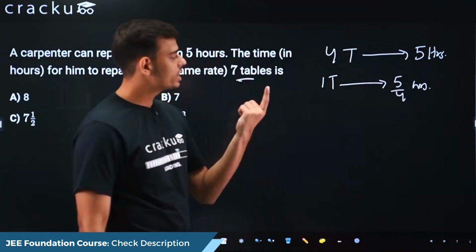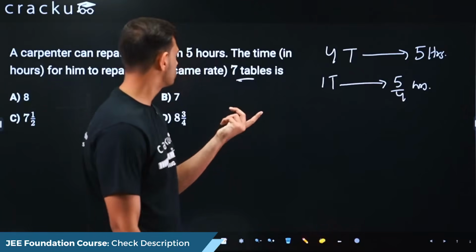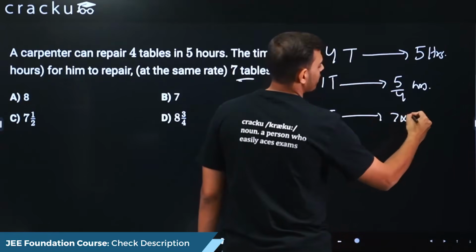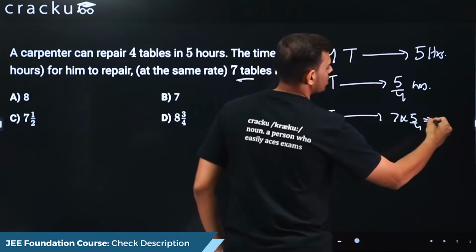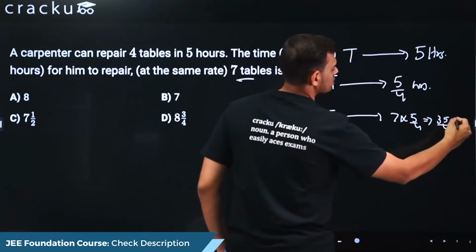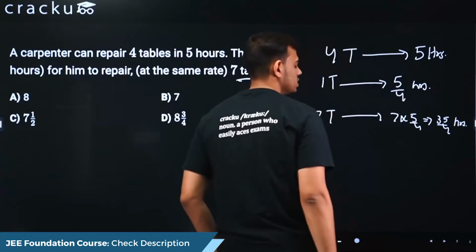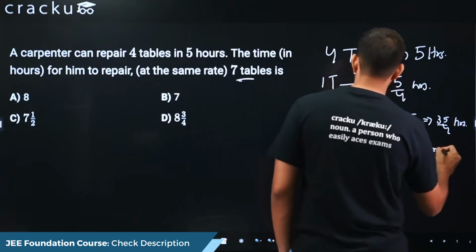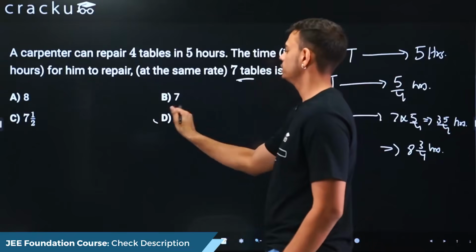Now 7 tables will take 7 multiplied by 5 by 4, which is 35 by 4 hours, which is 8 and 3 by 4 hours. Answer is option D.